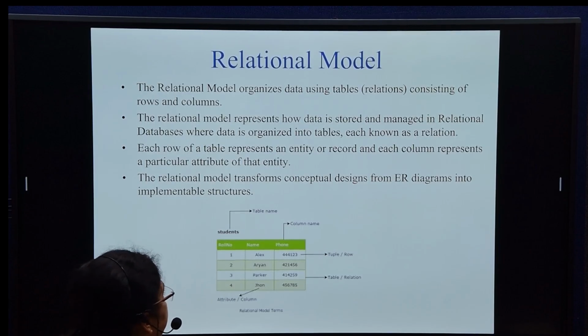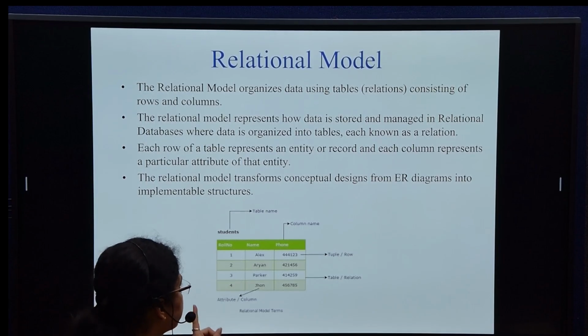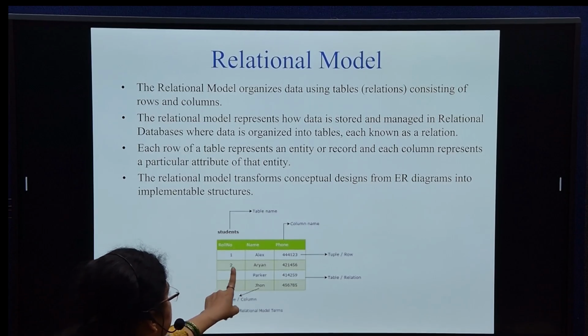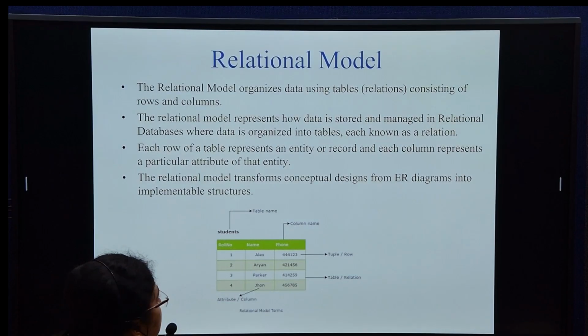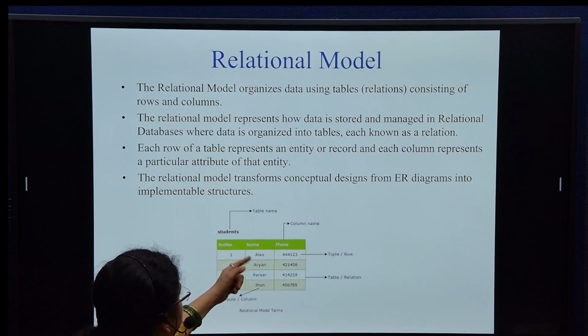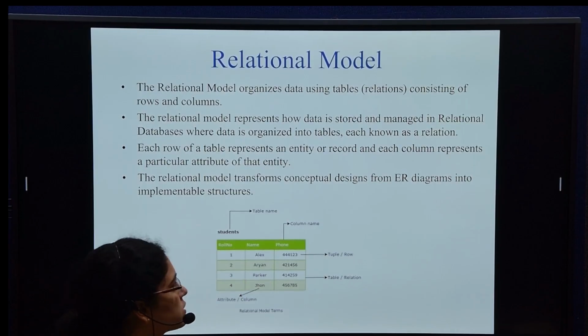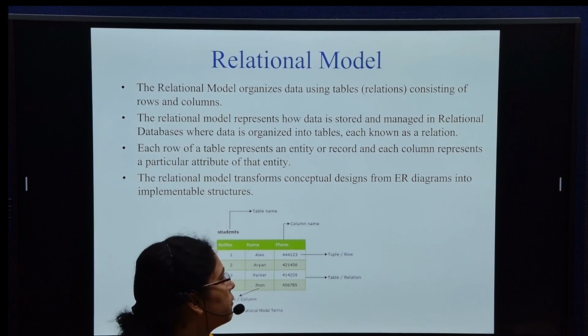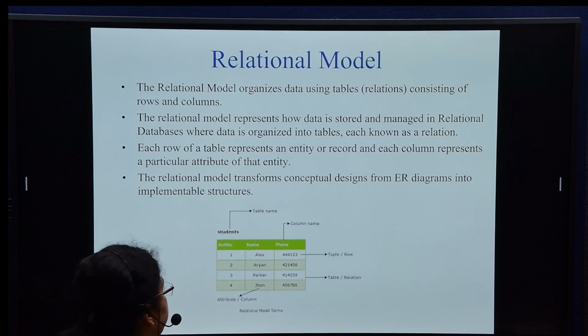Each row of a table represents an entity or record, and each column represents a particular attribute of the entity. The relational model transforms conceptual designs from ER diagrams into implementable structures.